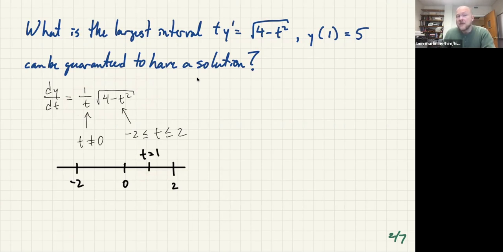And in fact, we can't include t equals 0, right? We could include t equals 2. So the interval that we're going to talk about would be 0 less than t less than or equal to 2, or if you prefer to write it the other way, parenthesis 0, 2, square bracket. Okay, so that's what we're guaranteed out of that.